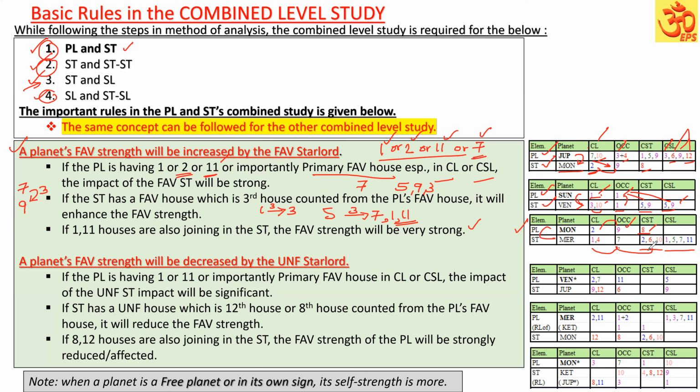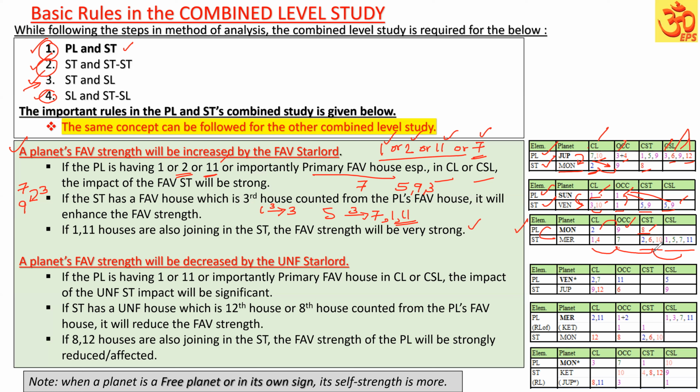Again, it has some weakness because of the 2-6-10, but it is not completely unfavorable for the marriage prospects, because this Tricon is mainly focusing on the professional prospects. But still, that grouping is not supportive to the marriage prospects.